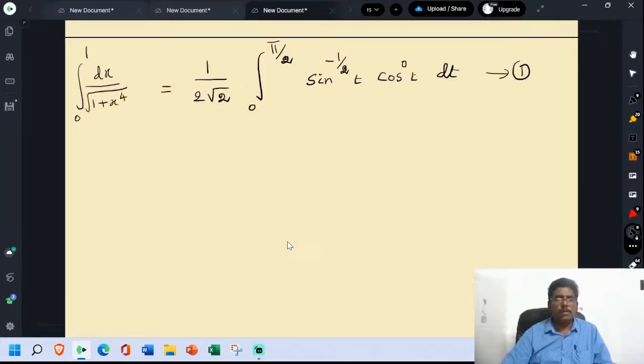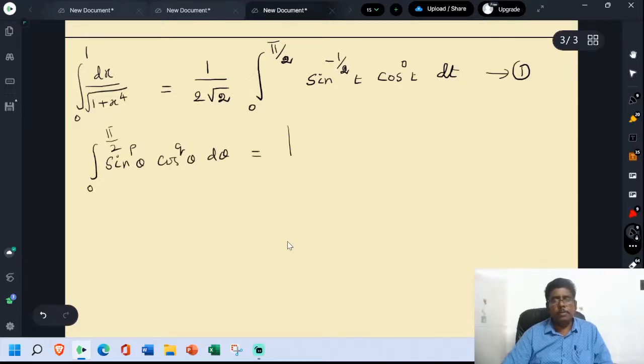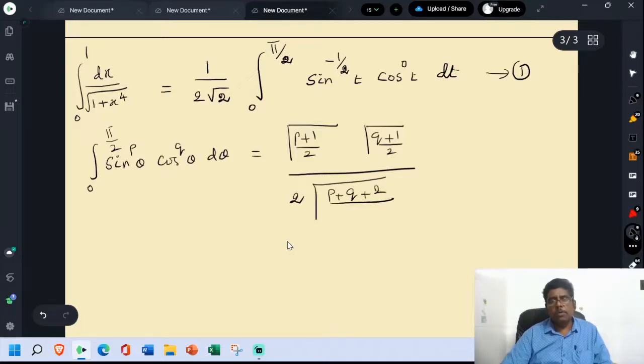Now we know the standard result, that is sine power p theta cos power q theta d theta limit varying from 0 to pi by 2 is equal to gamma of p plus 1 by 2, then gamma of q plus 1 by 2 whole divided by 2 into gamma of p plus q plus 2 whole divided by 2. See this integral is in this form.